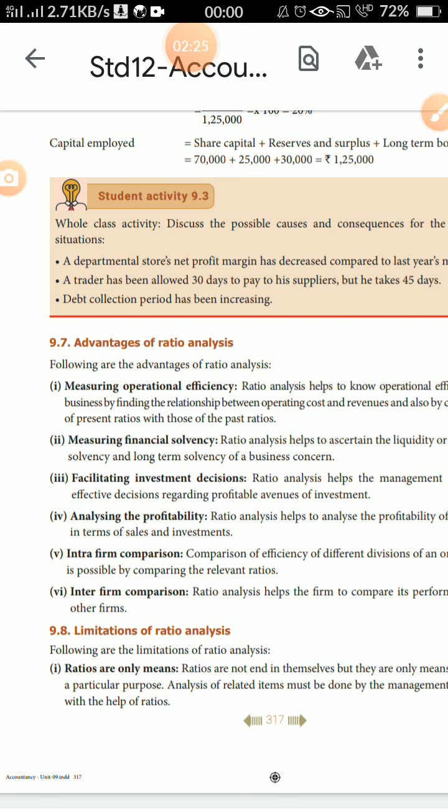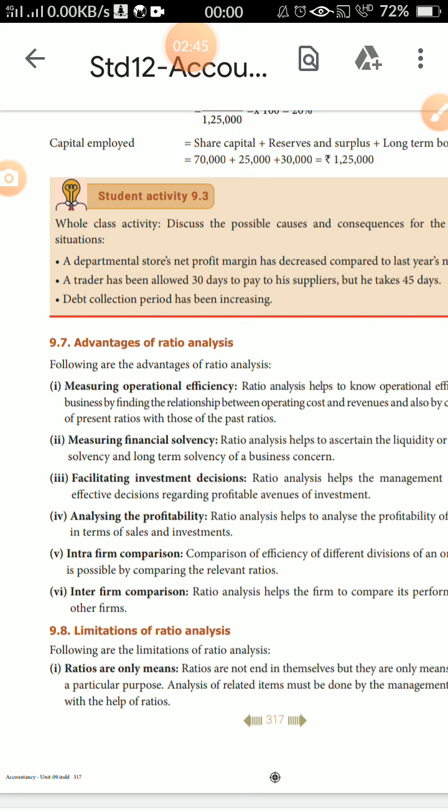Next one, measuring financial solvency. Ratio analysis helps to ascertain the liquidity or short-term solvency and the long-term solvency of the business concern. Next one, facilitating investment decision.